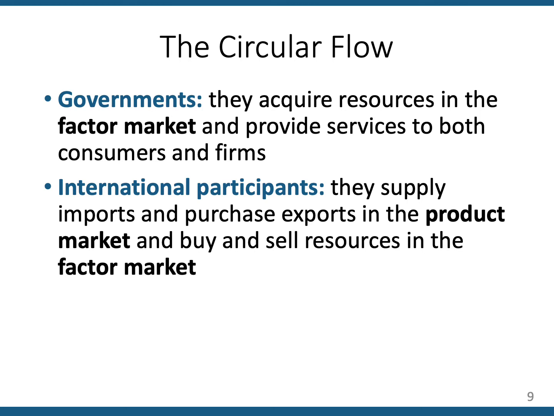Plus, they have a role in regulating markets and some other roles that we'll talk about later in the course. So they need to be included too. And then there's also international participants because it's not really a closed system.